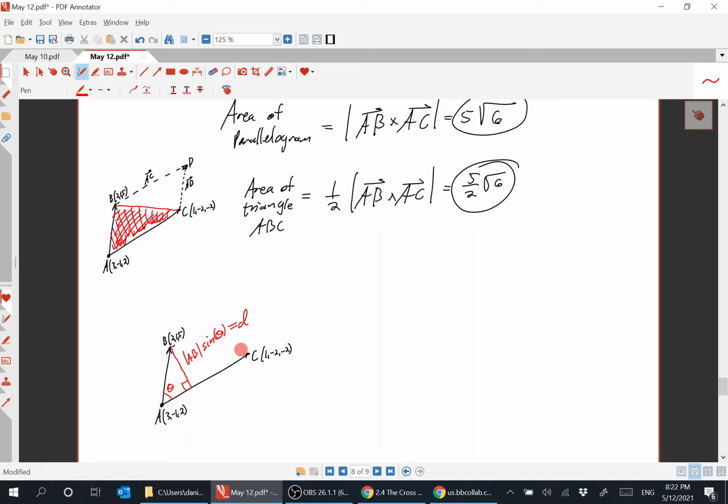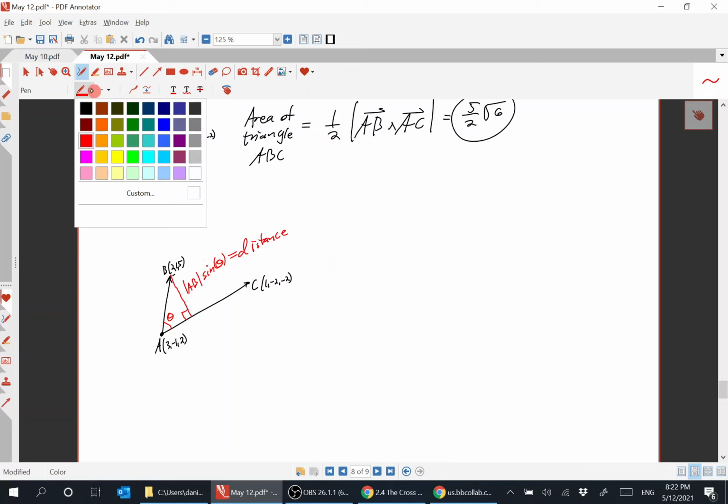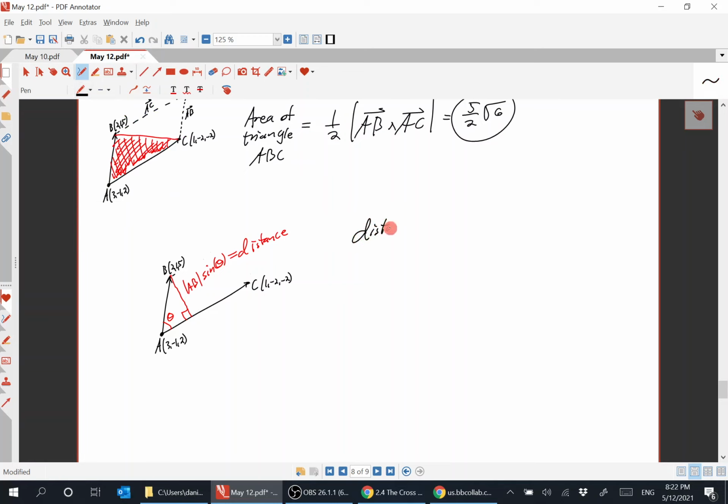So that's the distance we're looking for. But I would also like the length of AC in there so I could use the cross product. So let's write it down here. That distance is equal to the length of vector AB times sine of theta. But I could write it as AB, AC sine theta over AC, just uncanceling the AC.